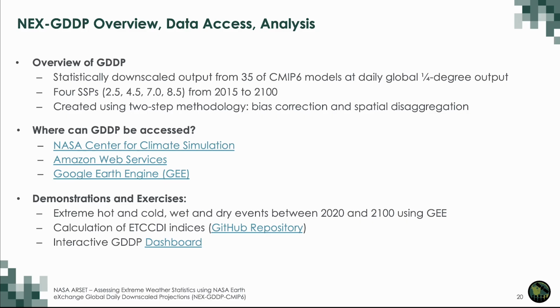We also saw that the data are available from multiple locations: NASA Center for Climate Simulation, Amazon Web Services, and Google Earth Engine. We had demonstrations of how to get data by using GEE, and we calculated extreme hot and cold and wet and dry event statistics between 2020 and 2100 using GEE.